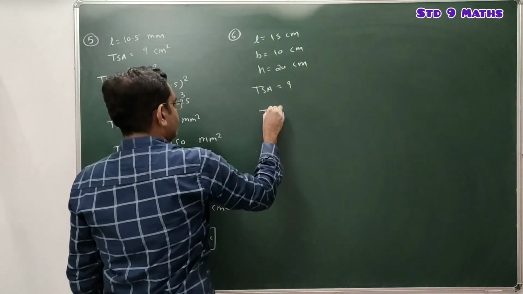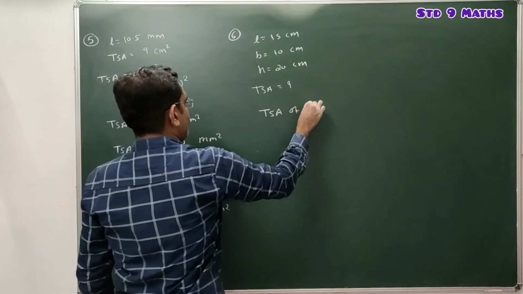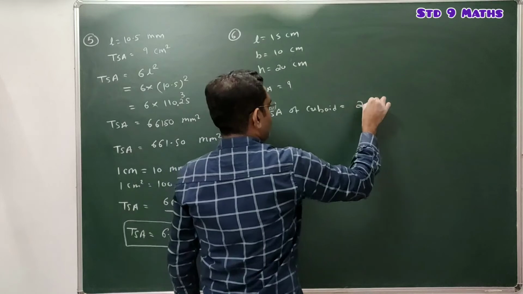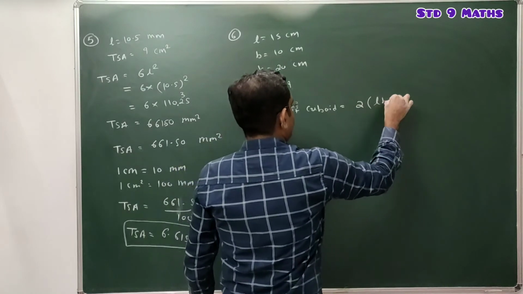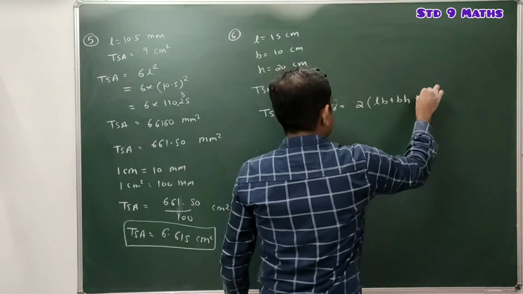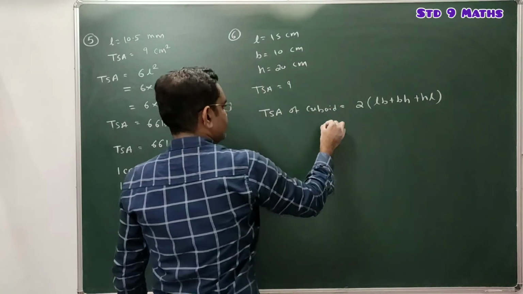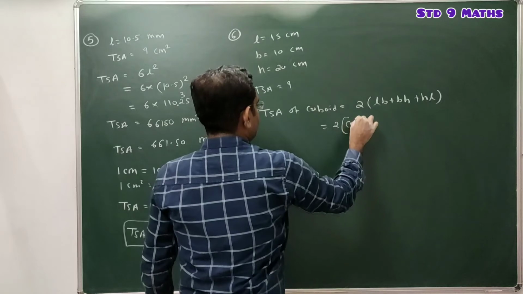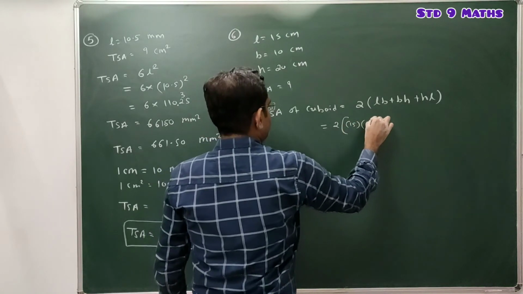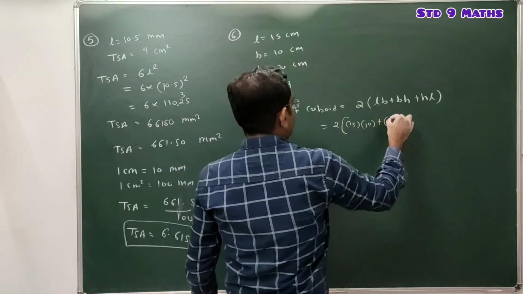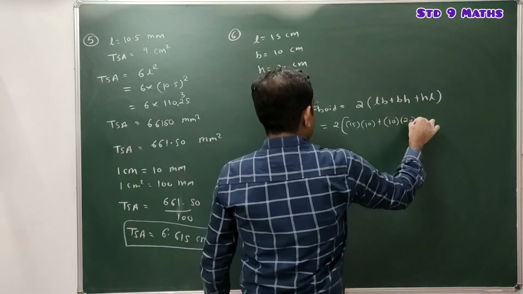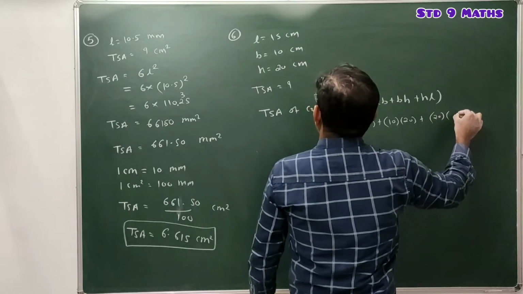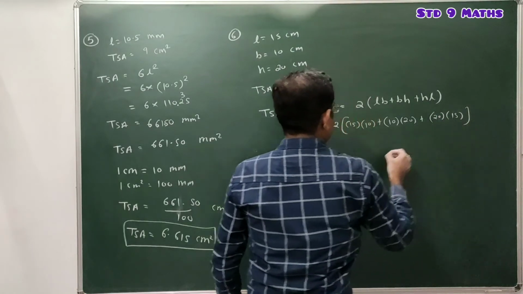Simple sum. So the total surface area of a cuboid, what is the formula? It's twice of LB plus BH plus HL. Now put the values. 2 into L into B, 15 into 10, B into H, 10 into 20, plus HL, 20 into 15.